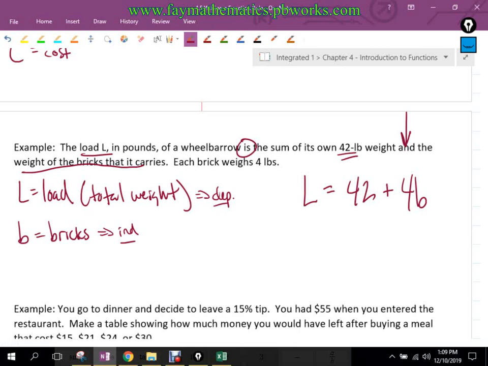Let's say that I know my own strength, and let's say that I am only capable of lifting or pushing 100 pounds. Or maybe my wheelbarrow, maybe the wheel has a particular rating that says it can only hold 100 pounds, and otherwise it's going to pop, or something like that.